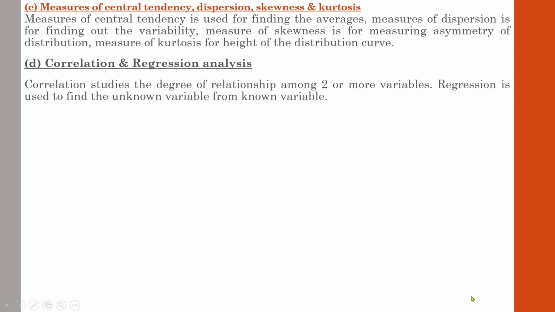In our commerce papers, we used to learn that profit is always directly related to sales. When sales increase, profit increases. We know that. And how we develop such a relation is on the basis of such analysis.